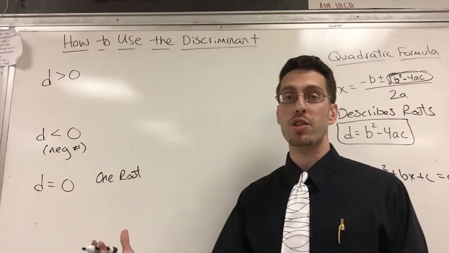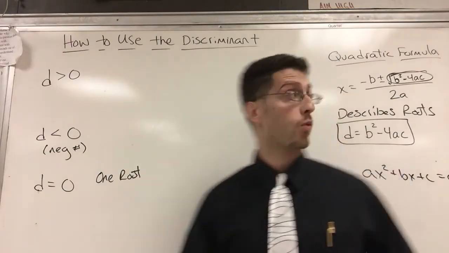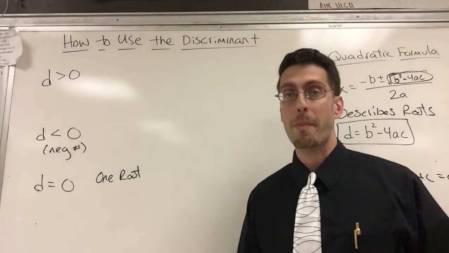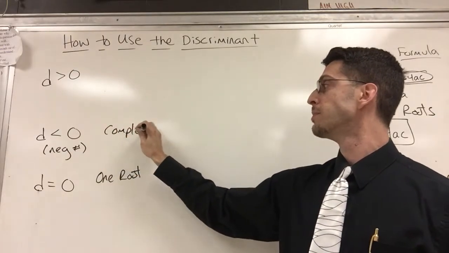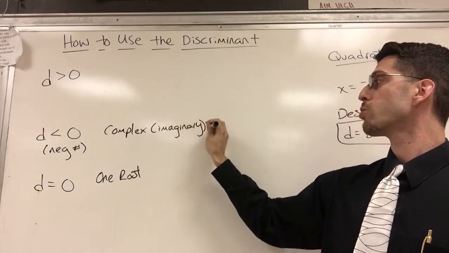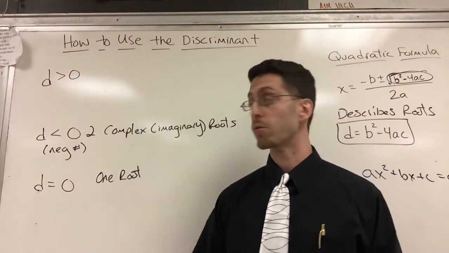I use the word imaginary because how could you find the square root of a negative number, right? So if whatever's under the radical is negative, that's going to be a complex or imaginary answer. You're going to have complex roots. And I should say 2 complex roots.